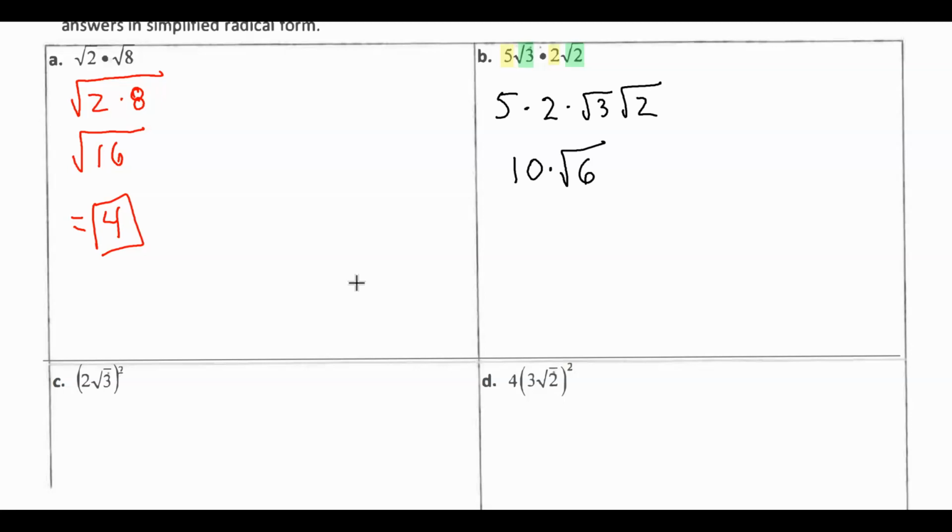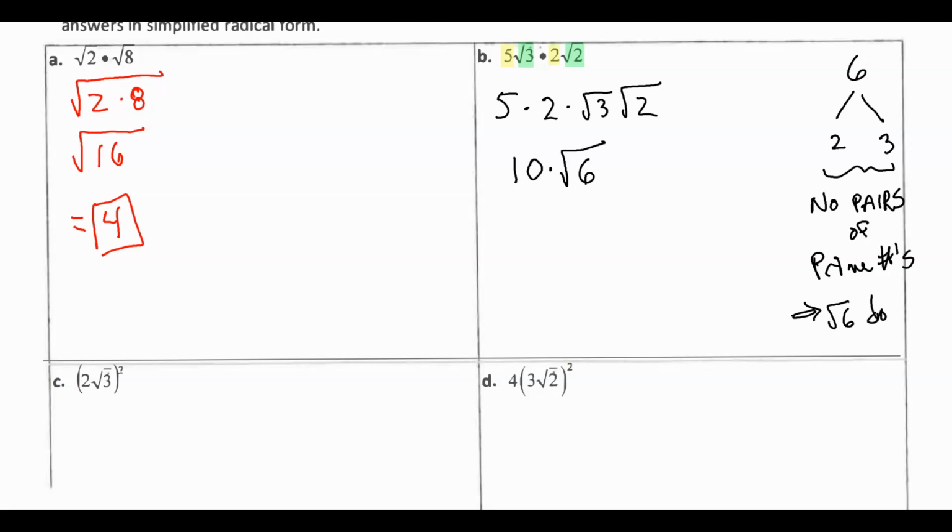And then, again, we need to check to see if we can simplify 6. So what we do when we do our tree is we look for pairs of prime numbers. Since 6 is just 2 times 3, we can see no pairs of prime numbers, which means square root of 6 does not simplify.